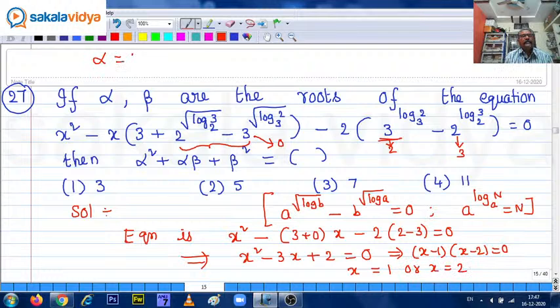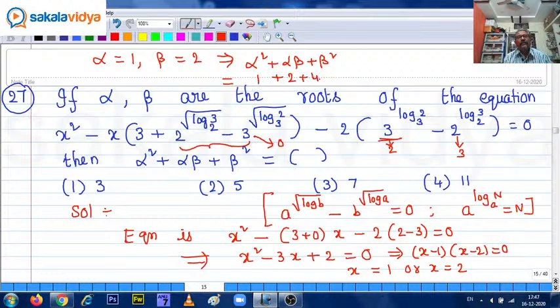That means alpha is equal to 1, beta is equal to 2. We need alpha square plus alpha beta plus beta square. 1 plus alpha beta, 1 into 2, 2, beta square is 4. 4 plus 2, 6 plus 1, 7. So the desired answer is 7. Third option. Yes, Jyoti. Third option.